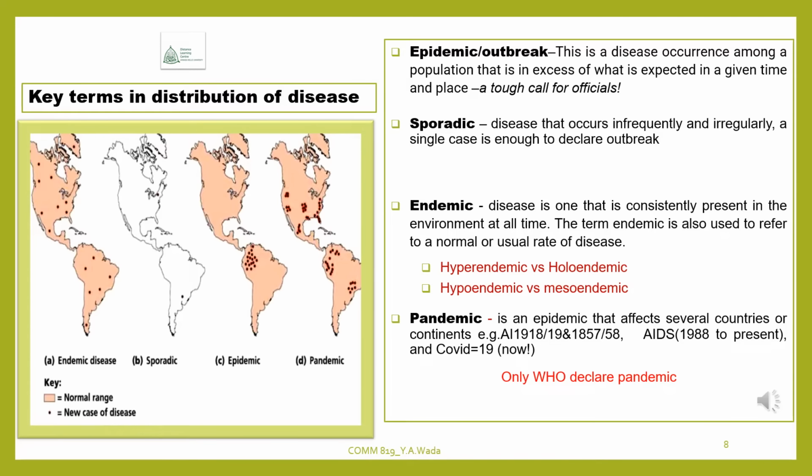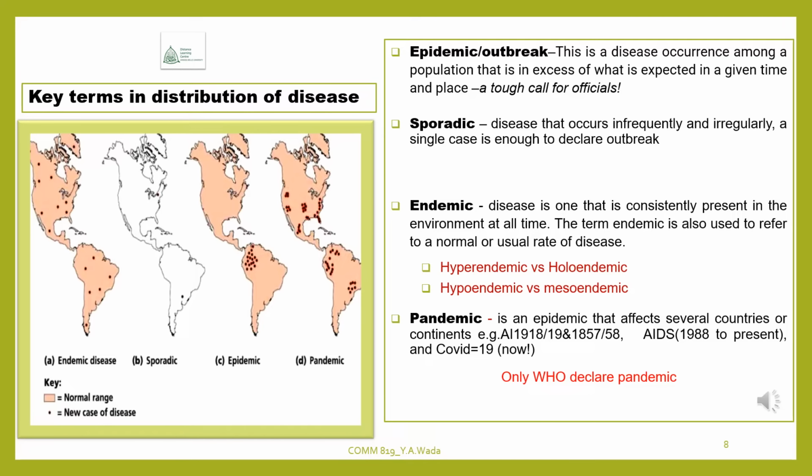We also have hypoendemic versus mesoendemic. In the case of a hyperendemic, it is used to refer to disease which is consistently and persistently present in a population at a high rate of incidence or prevalence, which equally affects all age group of that population. Okay, it occurs at a high persistent rate and equally affect all age group of that population.